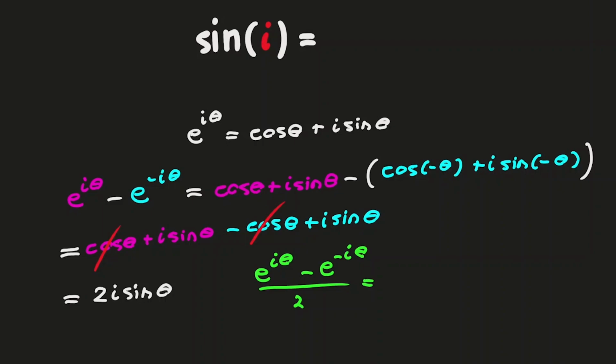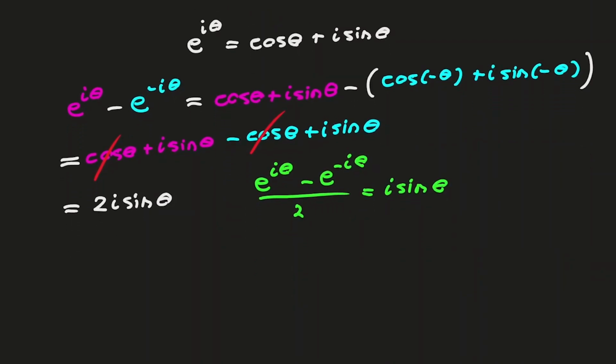This equals i sine of theta. But we have to move i to the other side of the equation. And we can do that by multiplying by minus i both sides. So let me do that. Minus i, and here we have minus i.